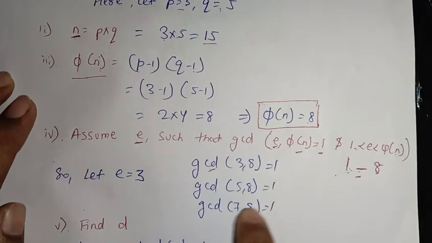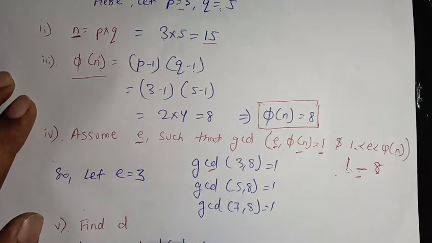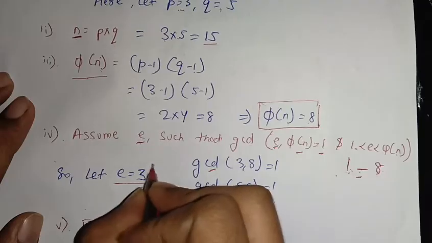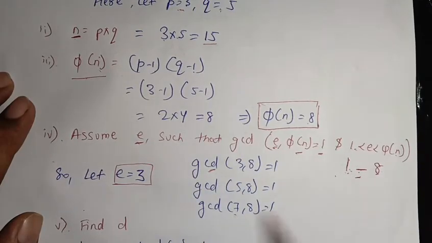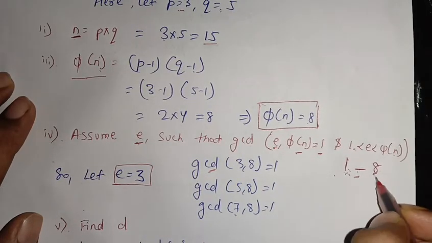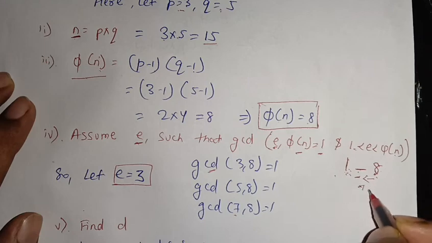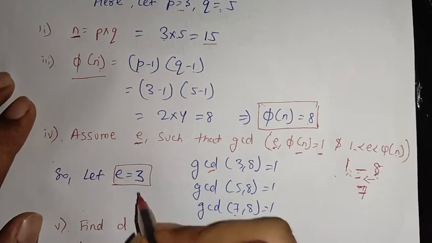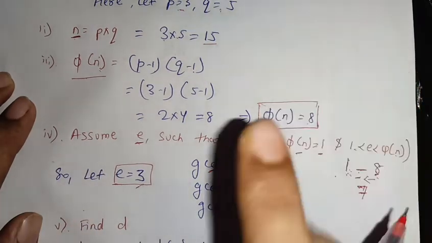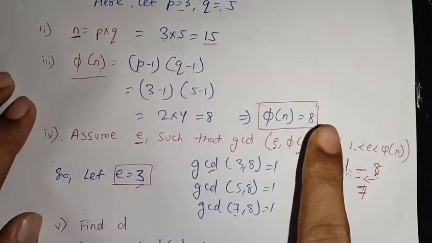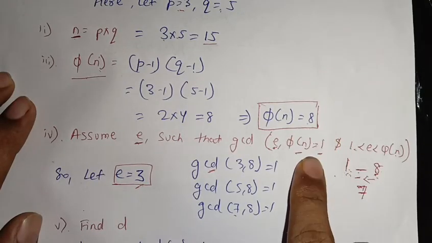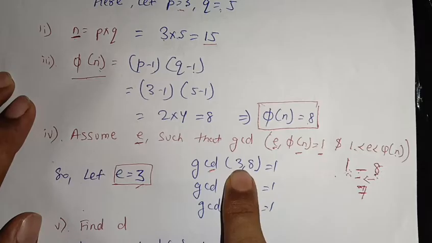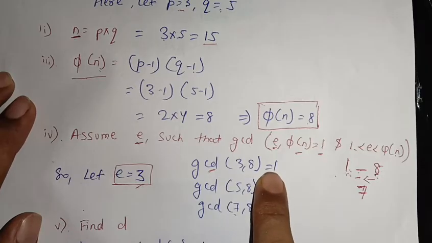You can take 5 also, you can take 7 also, but we have assumed the lowest one, that is 3. Up to 7 you can assume, because it should be in the range of 1 and 8. But you can't take 2, 4 or 6, because if you take 2, the GCD will be 2 only.